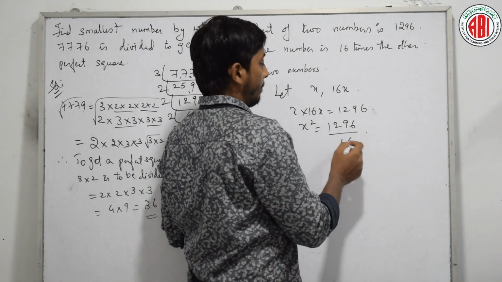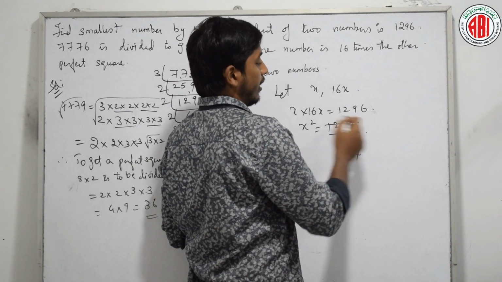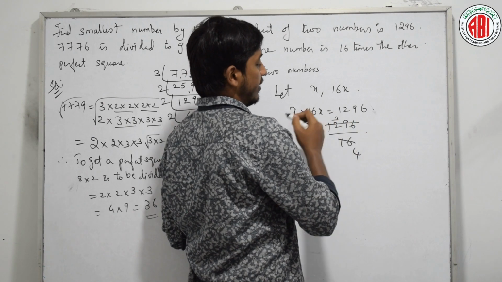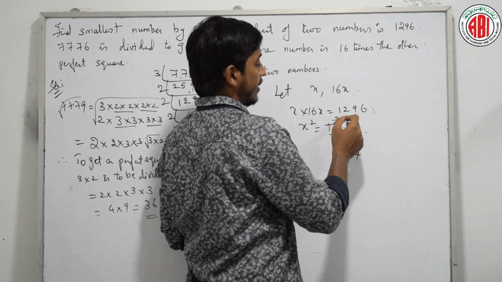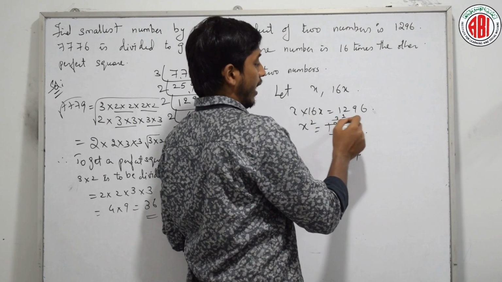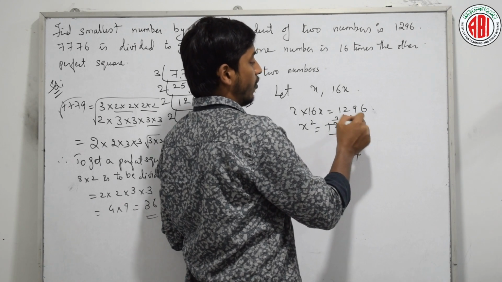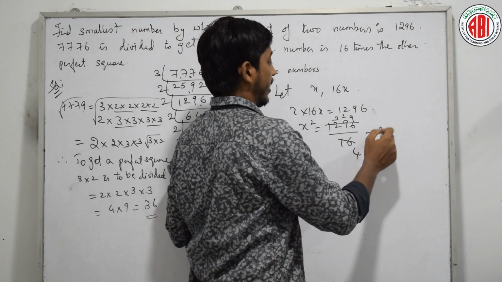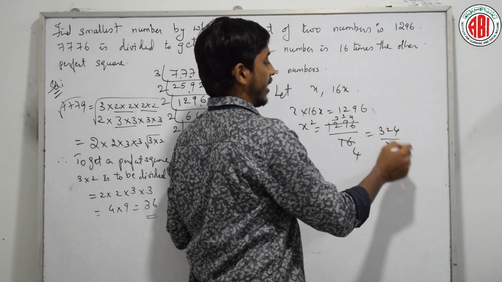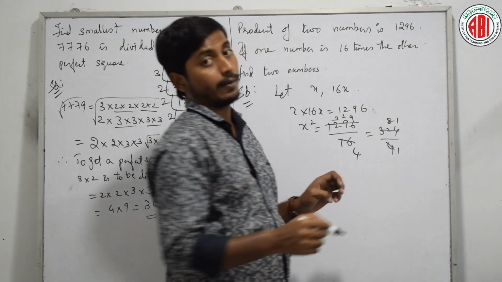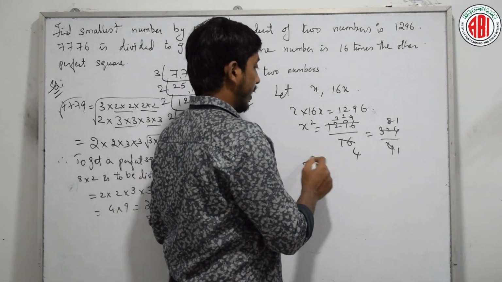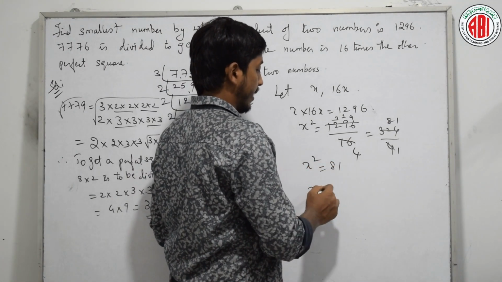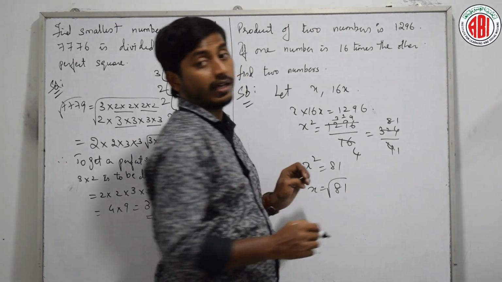Let us check. See here, 4 4s are 16, 4 3s are 12, 4 2s are 8, and 4 4s are 16. 324 by 4, again we can cancel, 4 1s are 4, 4 8s are 32, 4 1s are 4. That is, x square is 81, then x is the square root of 81.